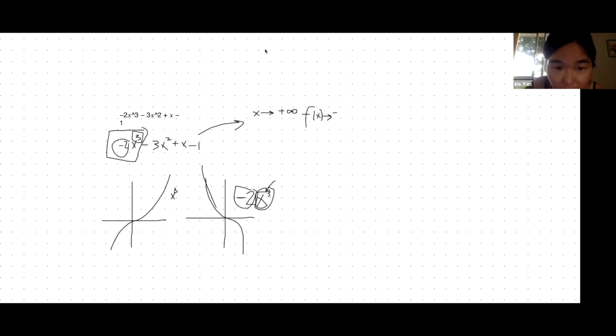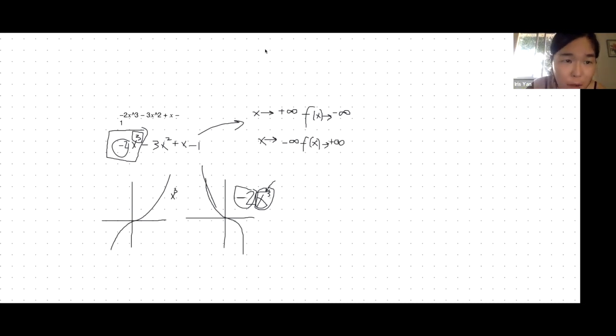And as x goes to negative infinity, when the number is more and more negative, then f of x is going to be more and more positive. So this is the end behavior of the function.